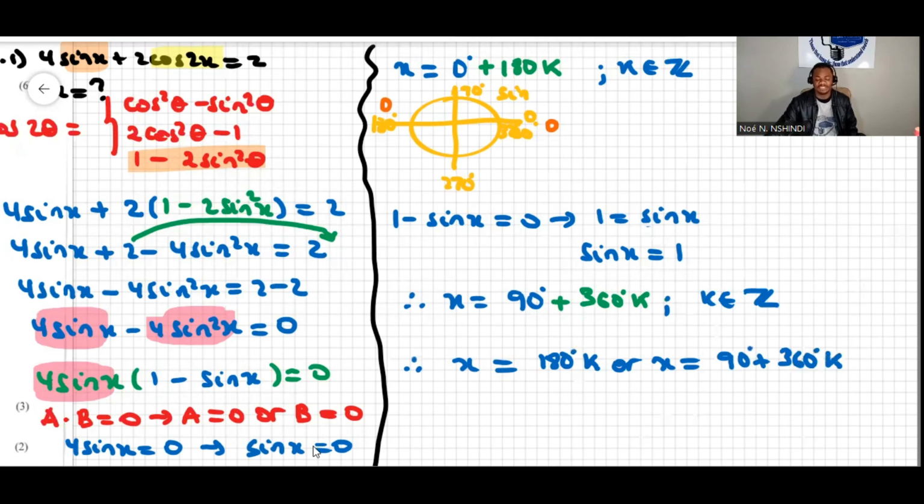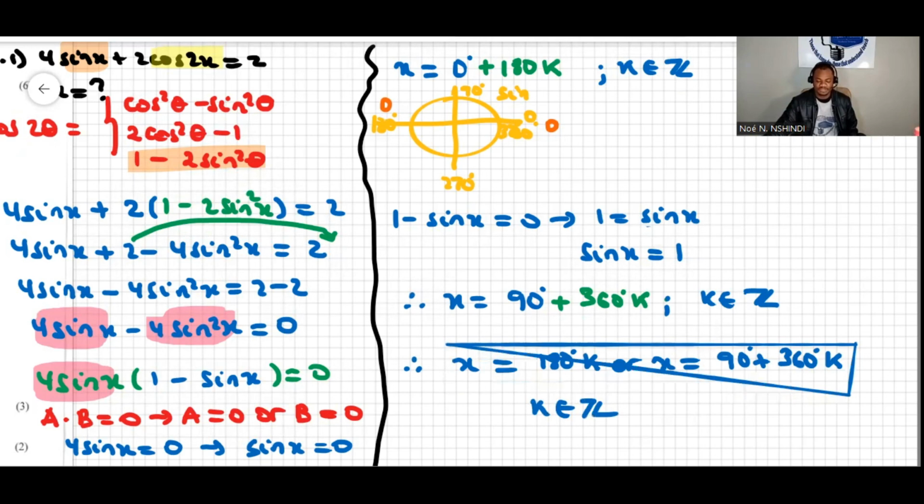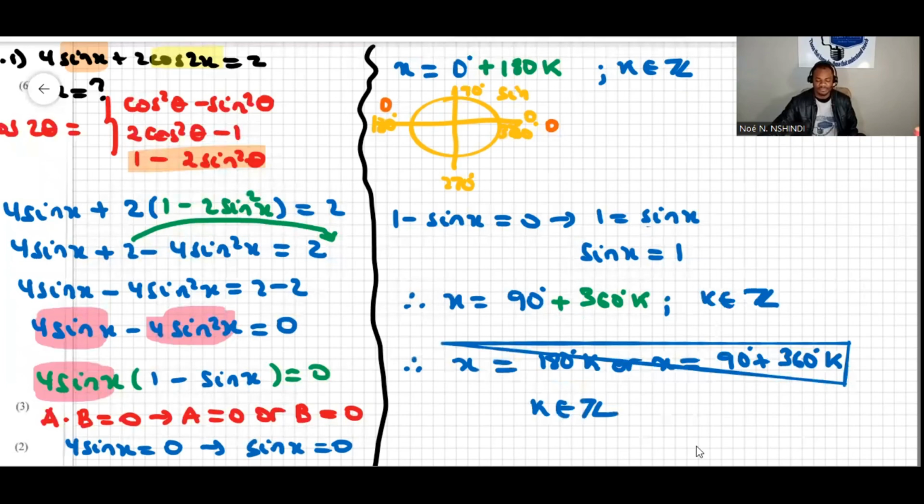I don't need to write plus or minus because we already know that k is an integer, so it's going to take all the plus and the minus as well. So this is the general solution. Okay, thank you.